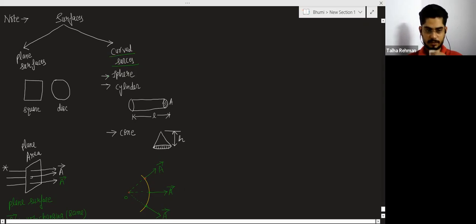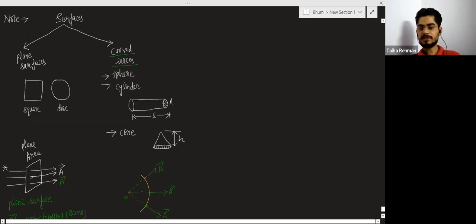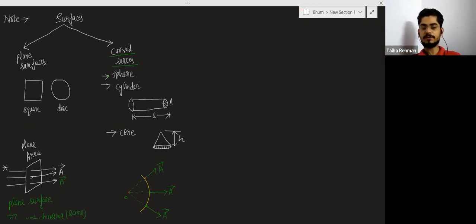You can correct it. This is the discussion about the surfaces. We have two types of surfaces, either curved surfaces or plane surfaces. Plane surfaces are like a square, a disc. But curved surfaces are like a cone, cylinder, sphere. They are curved like this.